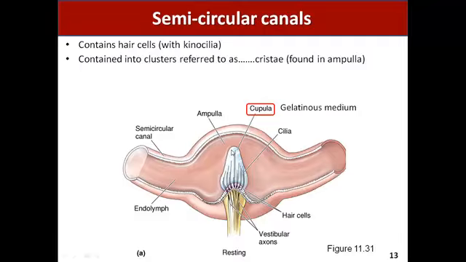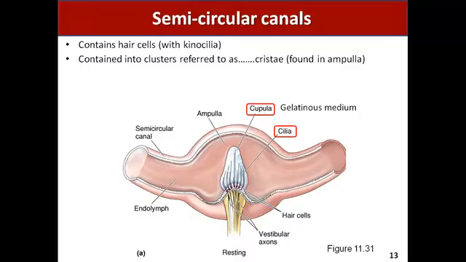The hair cells are contained within a gelatinous medium, as we saw with the otolith organs, except that we don't see the otoconia crystals contained within the semicircular canals.